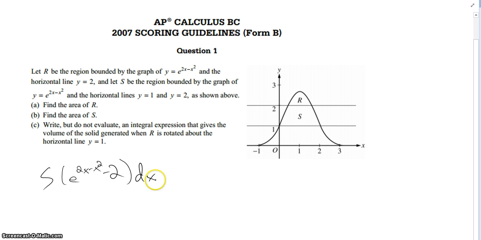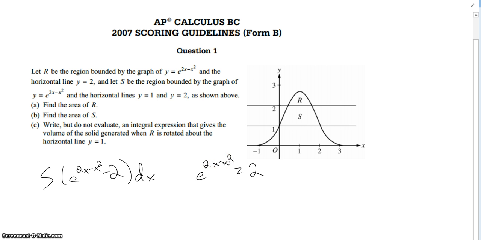But what we're looking for is this number, which is the x value right here, and this number, which is the x value right here. And how we're going to find that is when e to the 2x minus x squared is equal to 2.